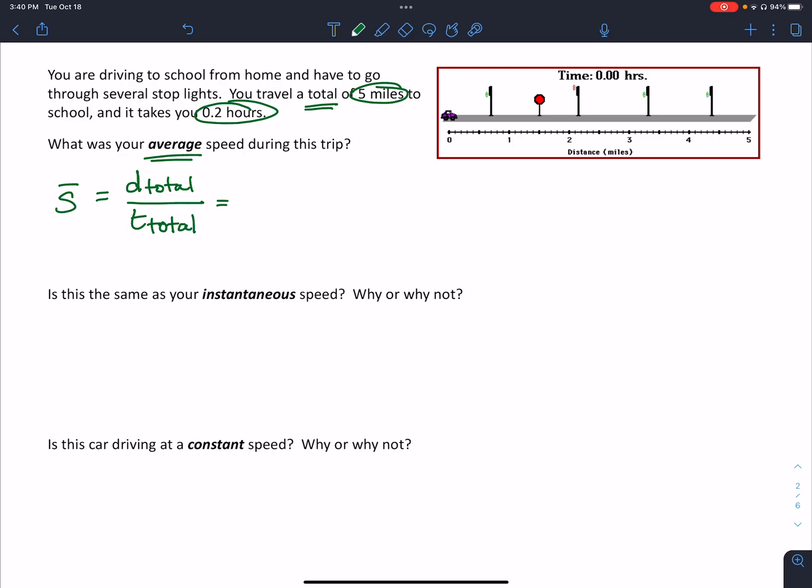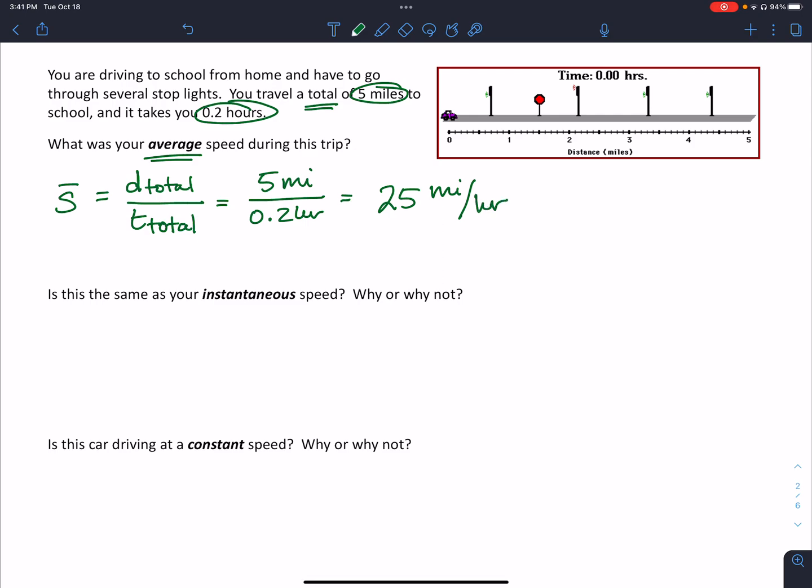I'm going to leave this in miles and hours because we're not going to be doing conversions from the imperial system to the metric system, so we're just going to leave it alone for this example. Our total distance covered is 5 miles, and it takes us 0.2 hours to cover that distance. So if I do that division, my average speed during this trip was 25 miles per hour.